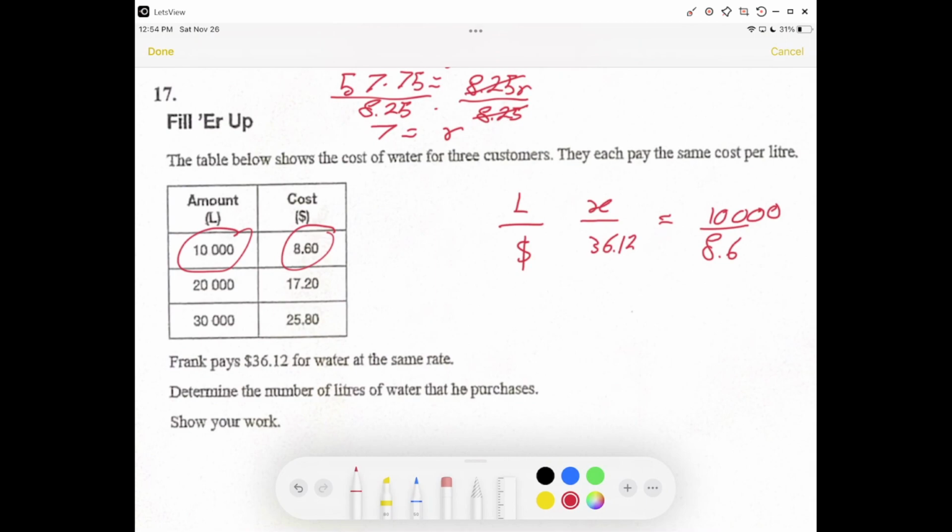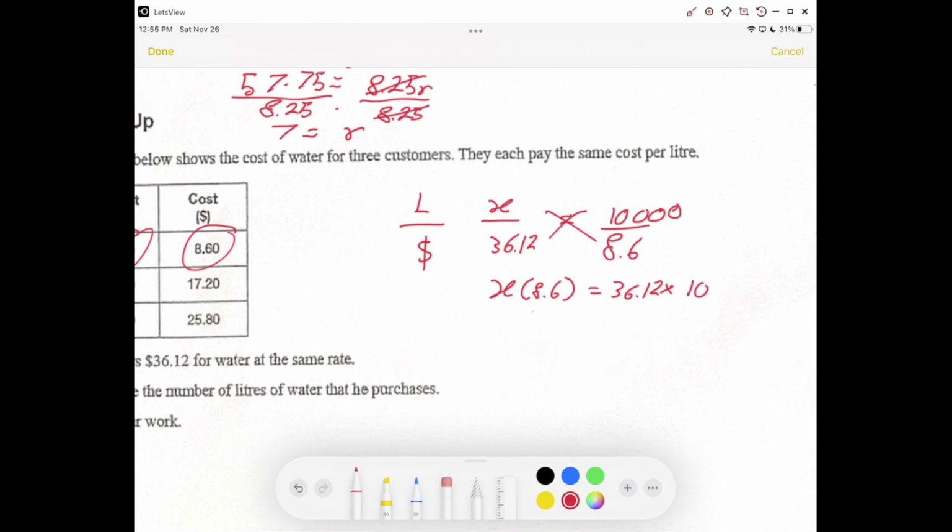Now that we have this, all we have to do is some cross multiplication. We just have bigger numbers this time. So let's begin. We have x times 8.6 is equal to 36.12 times 10,000, right?